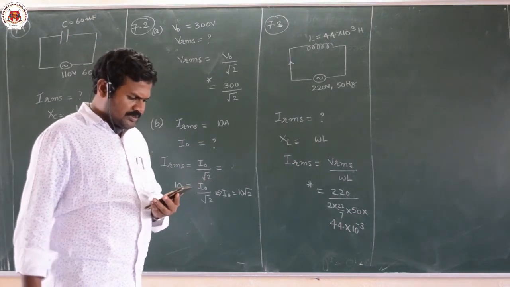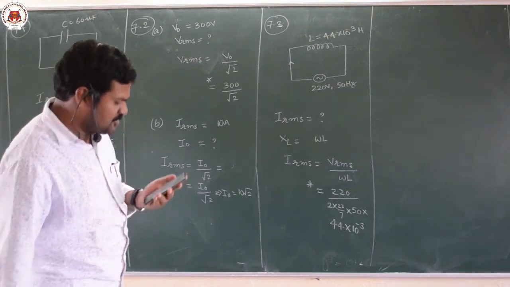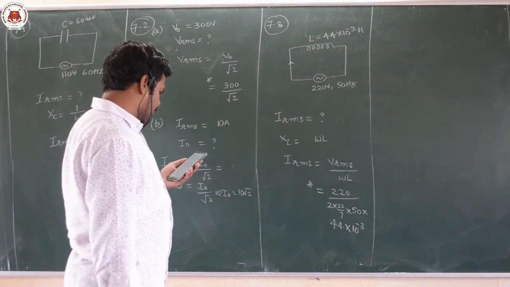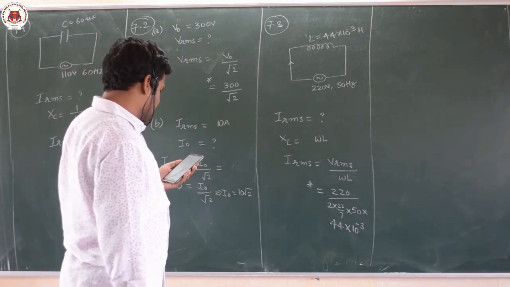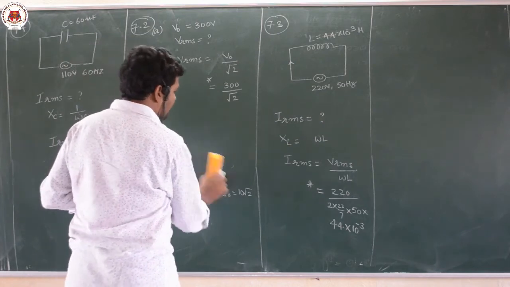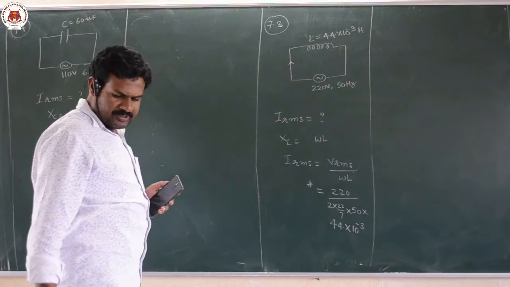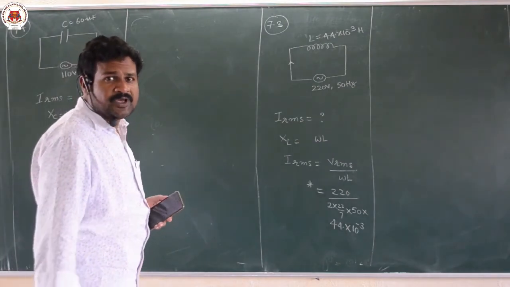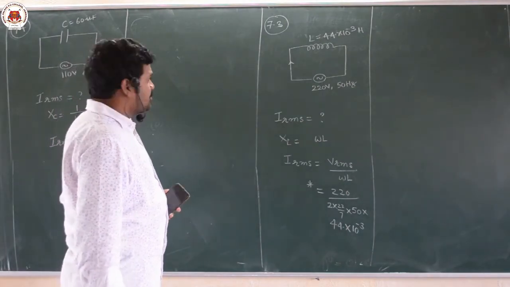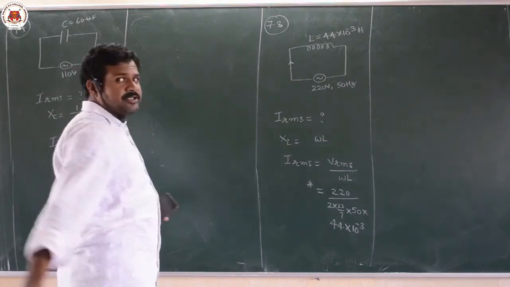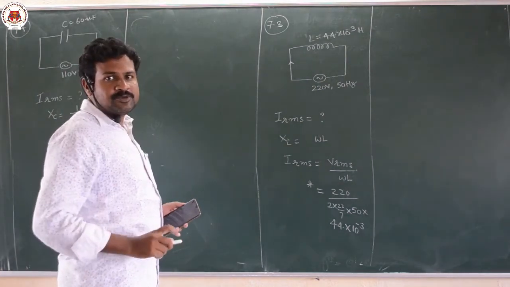In exercises 7.3 and 7.4, what is the net power absorbed by each circuit over a complete cycle? This is a very simple question. In yesterday's video about power I already told that in case of pure inductor and pure capacitor, power dissipated will be 0.